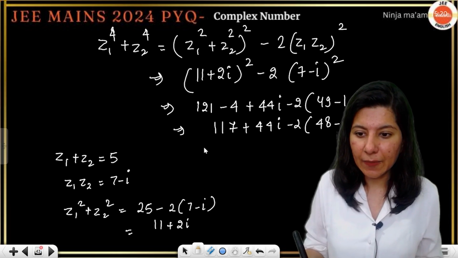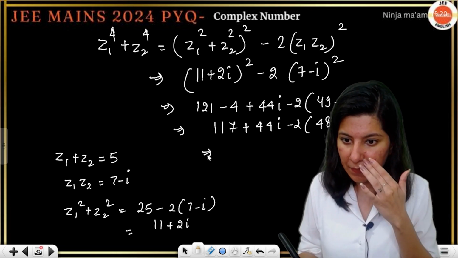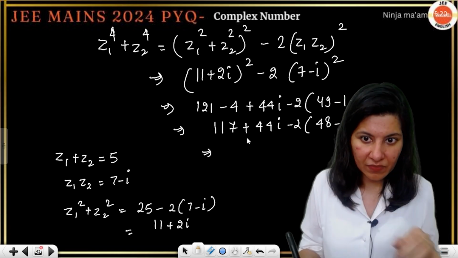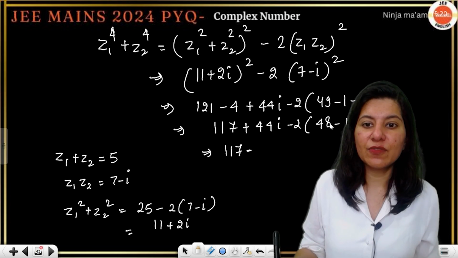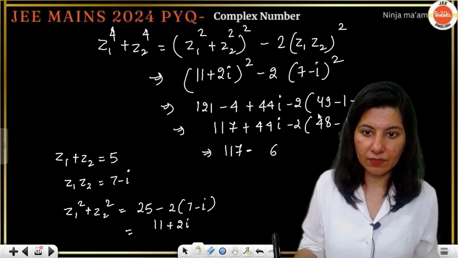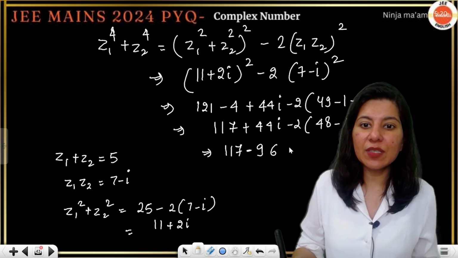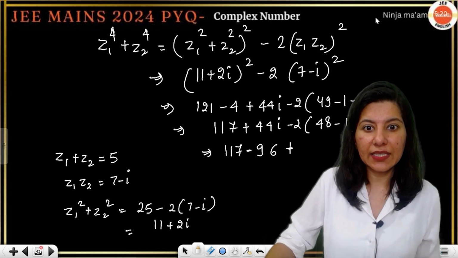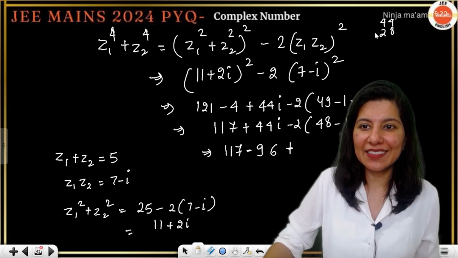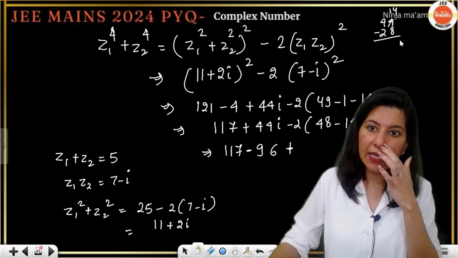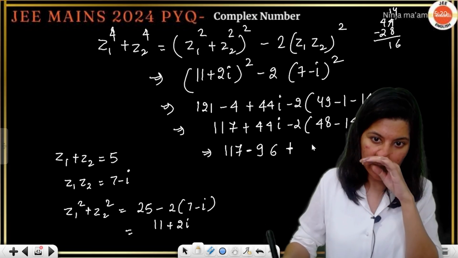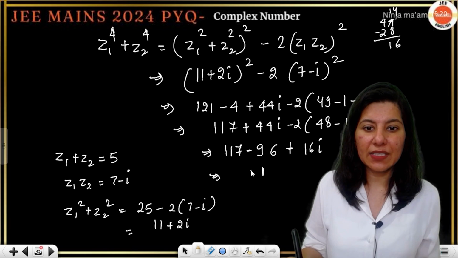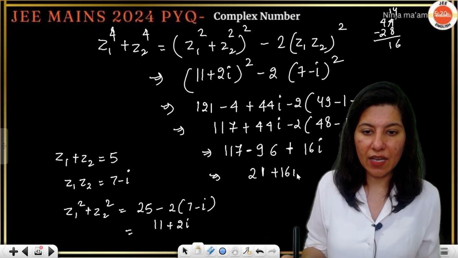Finally, you will get 117 minus 96 plus 44 minus 28. 44 minus 28 is 16 iota. 117 minus 96 is 21. So this is 21 plus 16 iota.